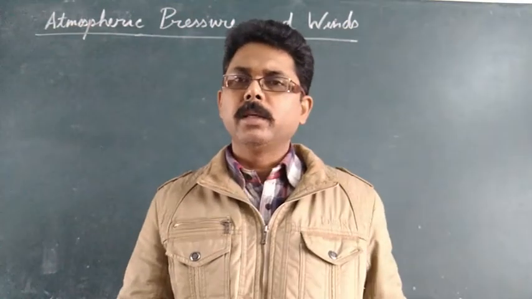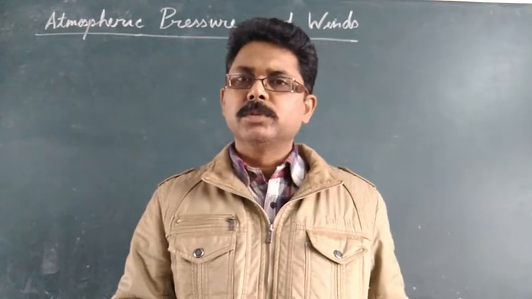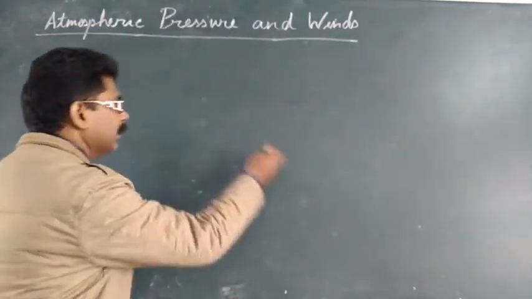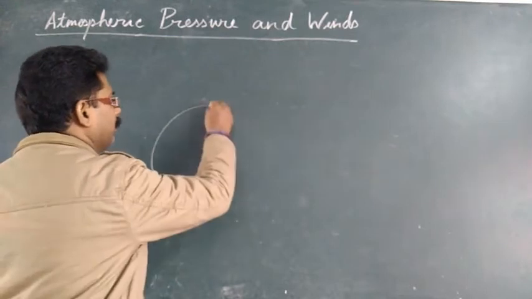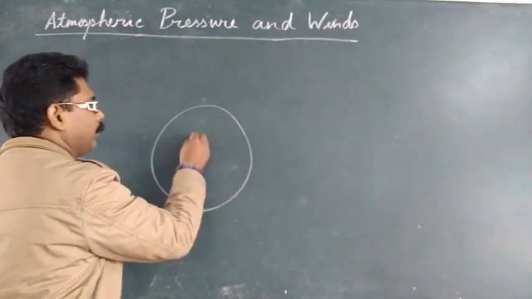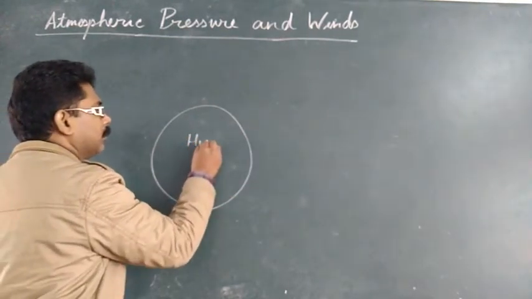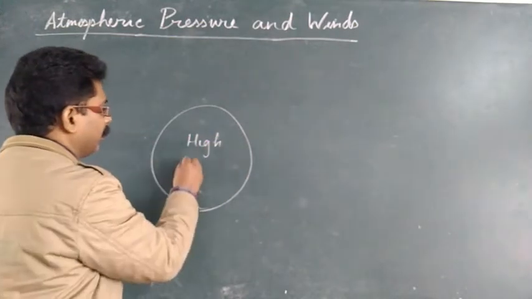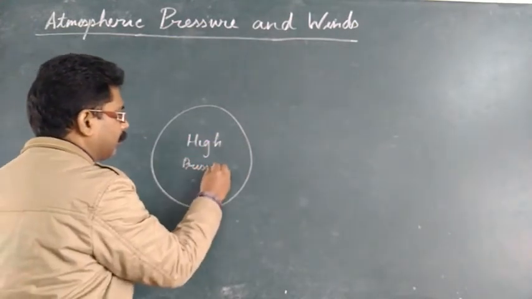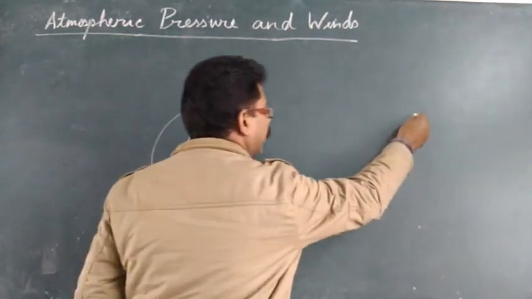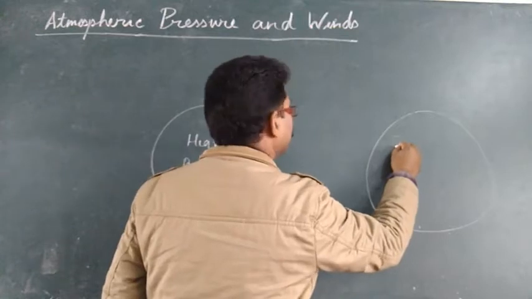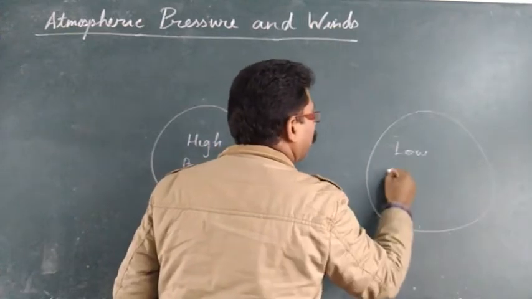So when in one region, let me just explain with the diagram. Suppose this is one region, and here atmospheric pressure is high. And here in another region, the atmospheric pressure is low.